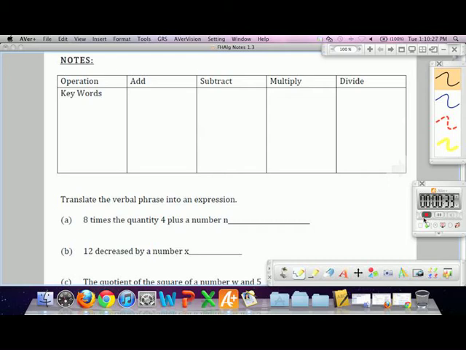As a review, let's see, we have keywords. What are some keywords that we recall from our past that tell us that we're probably going to have an addition sign going? We're going to have to add something together. Yes? More than. More than is a good keyword. What are some other keywords that say we're going to probably have to add things together? Some.